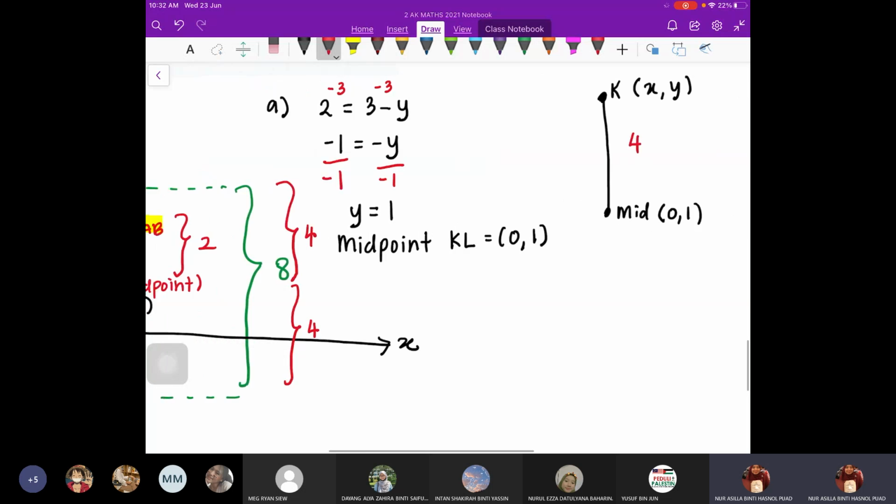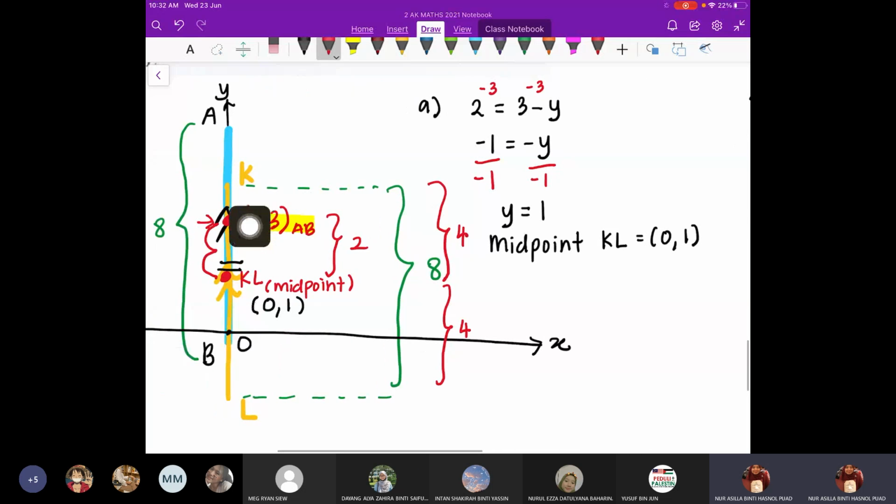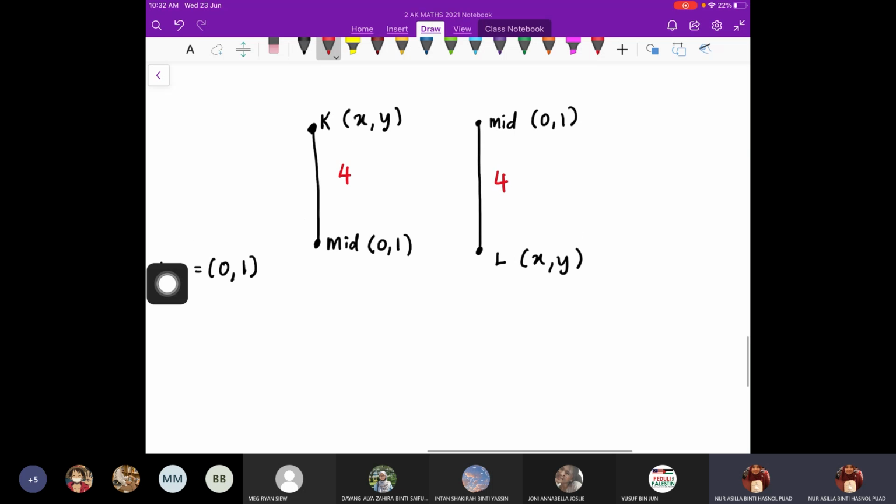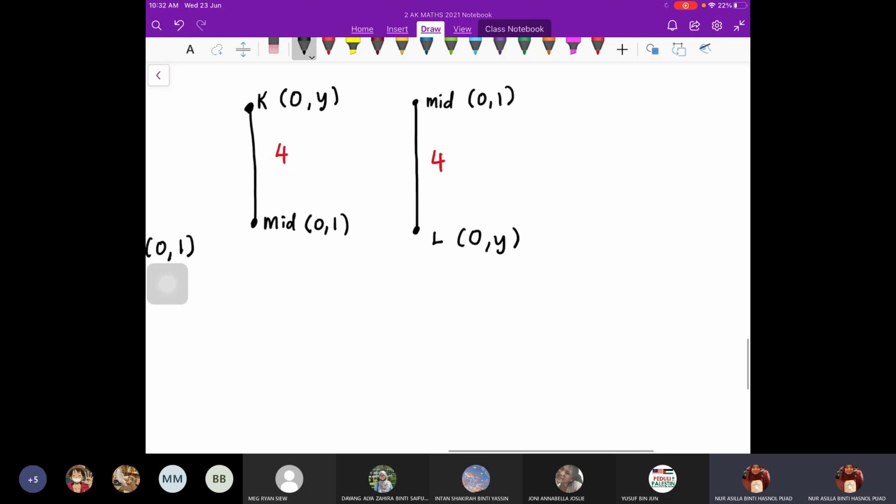Okay. Since dia adalah vertical distance, point L, nilai X koordinat dia tetap akan kosong, sama dengan K. Okay. Jadi dekat sini kita akan gantikan X untuk K dan L will be 0 and 0. Alright. So dekat sini, you bolehlah guna konsep still lagi sekali vertical distance, but you have to do it twice.